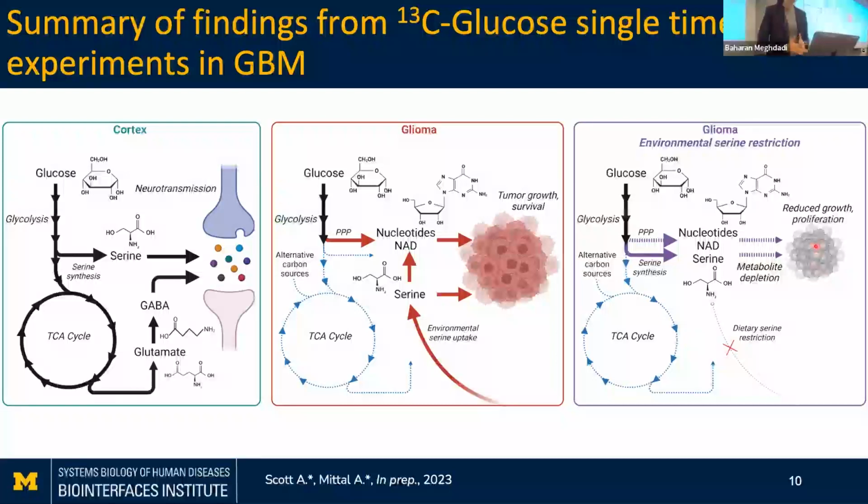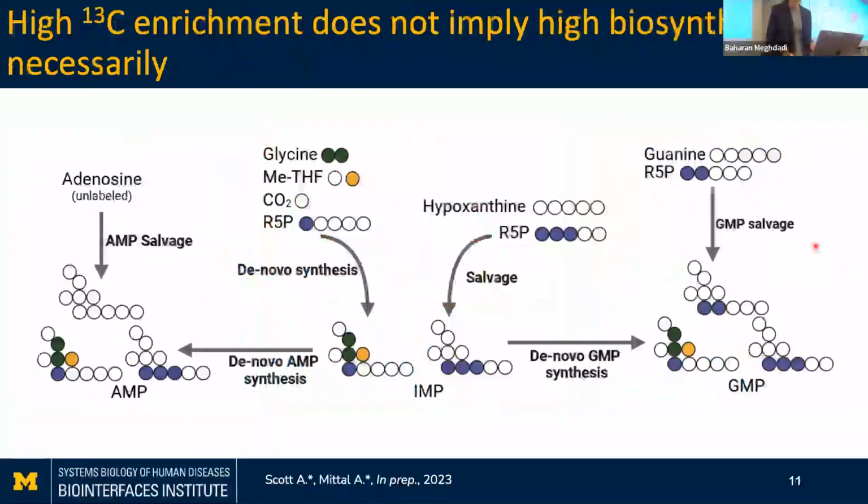So all of these findings are based on 13C glucose single time point experiments. However, high 13C enrichment at a single time point doesn't necessarily imply increased biosynthetic flux. You can see here, these metabolites can be produced from different sources.